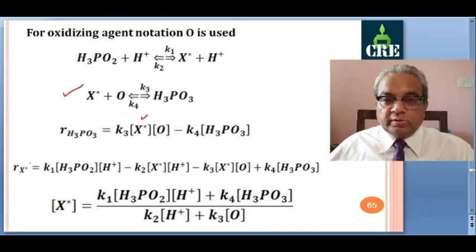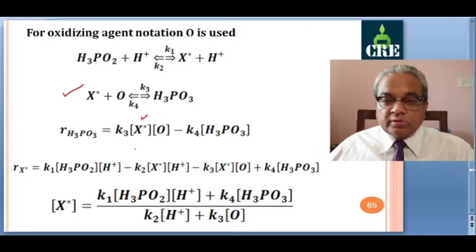So this X star appears in all 4 reactions. So k1 H3PO2 H plus minus k2 X star H plus, then it disappears by this reaction, so minus k3 X star O plus k4 H3PO3.